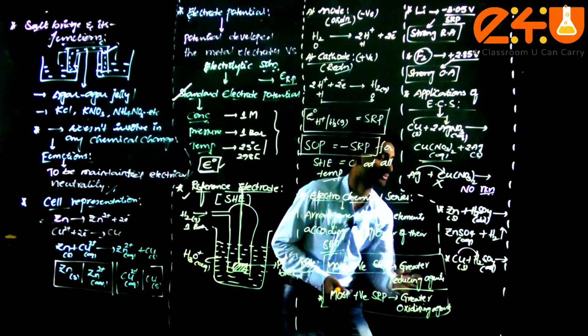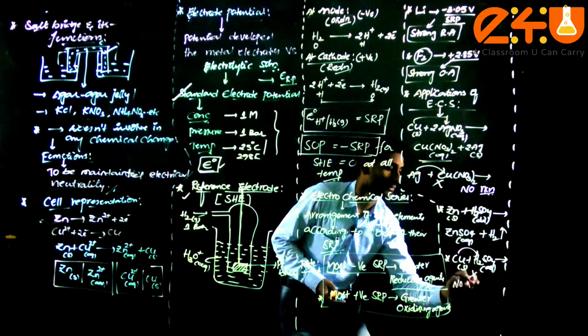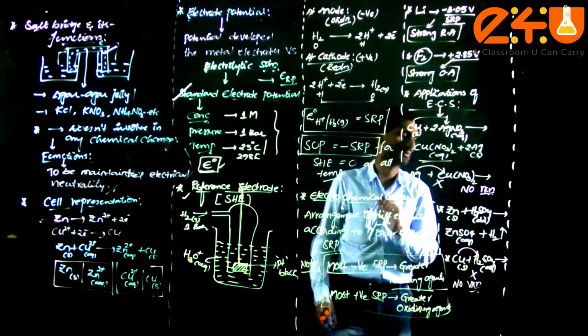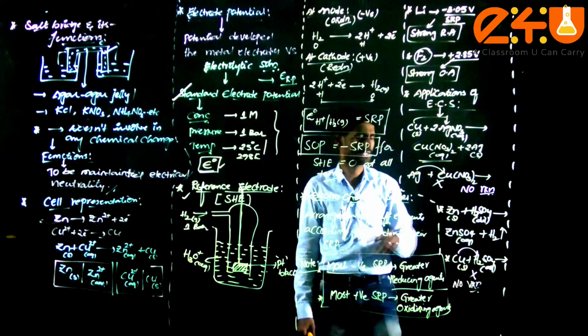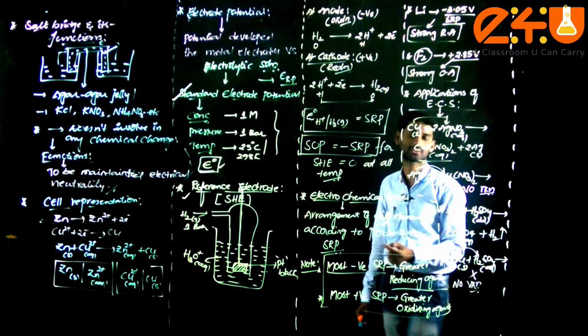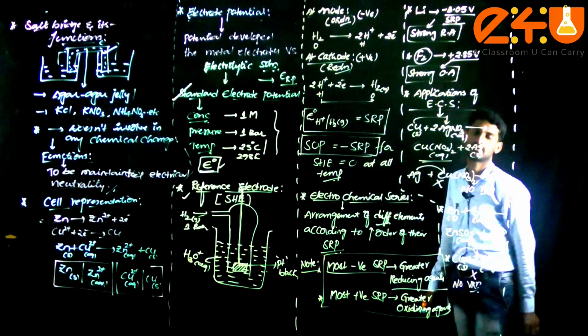Here copper displaces hydrogen, no. That's why no reaction takes place, since copper is less reactive when compared to hydrogen, so copper doesn't replace hydrogen from its solution, so the reaction never occurs.